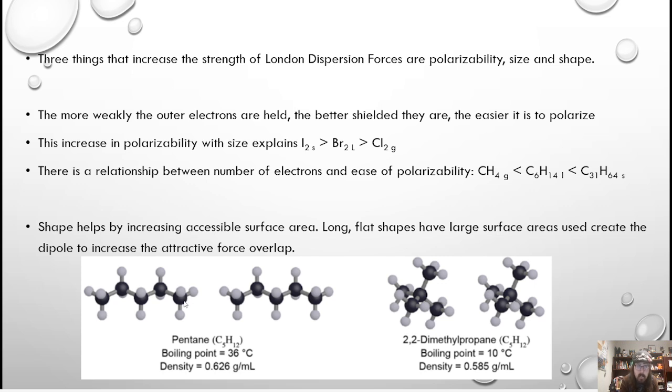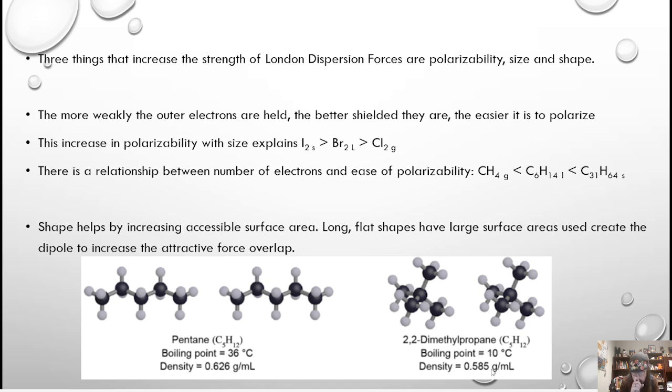So look at pentane, which is C5H12. Boiling point of 36, which is not very high, but still moderate. Density, it's 0.626. The 2,2-dimethyl propane, C5H12, same carbon count, but the boiling point drops to 10 as its density drops down by just a bit.